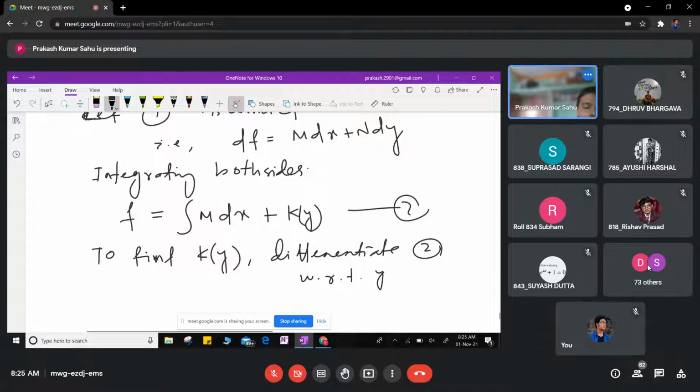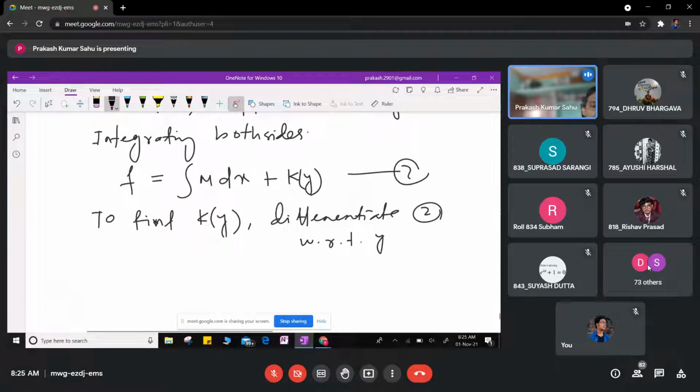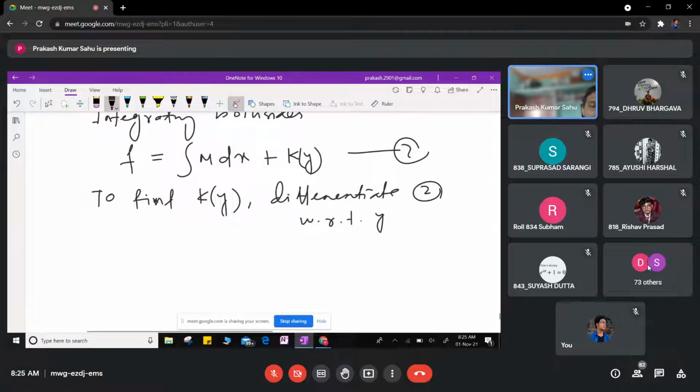Now, if you differentiate with respect to y, what do you get? Del f by del y is equal to, suppose the integration of m is equal to m1, del m1 by del y plus k dash, because this k of y is only a function of y, so I am writing the derivative.